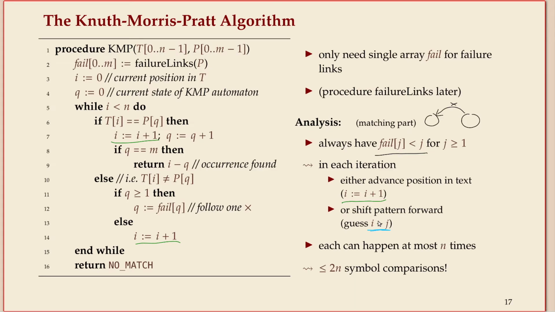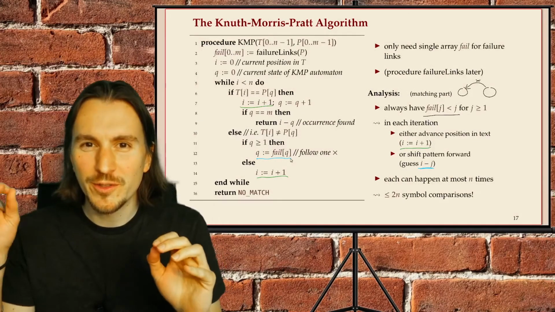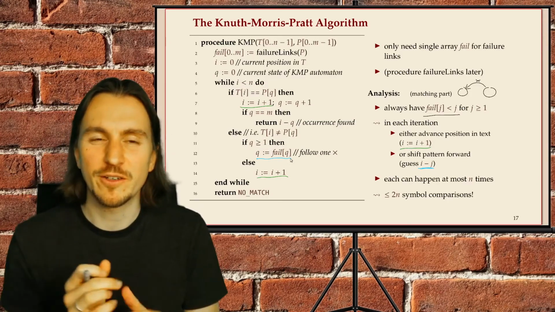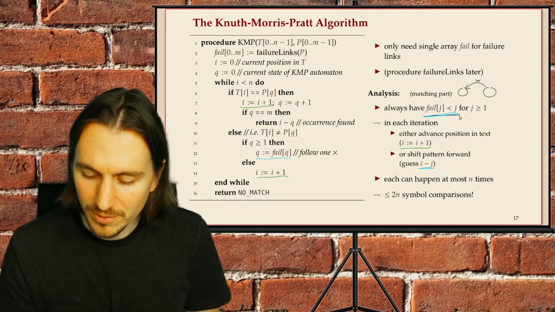This is a little more subtle, but whenever we update q, by going to a smaller state, we implicitly shift the pattern forward in the text by at least one position because of that.